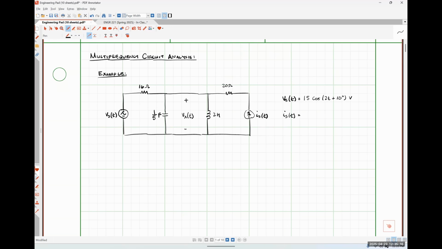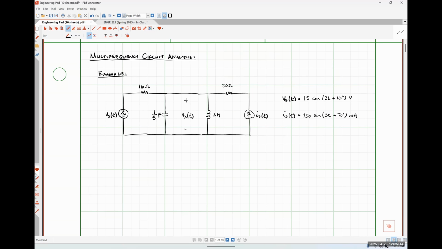And Is of t is going to be 250 sine 3t plus 70 degrees milliamps. So we have two different sources here, and they are oscillating at different frequencies, okay?